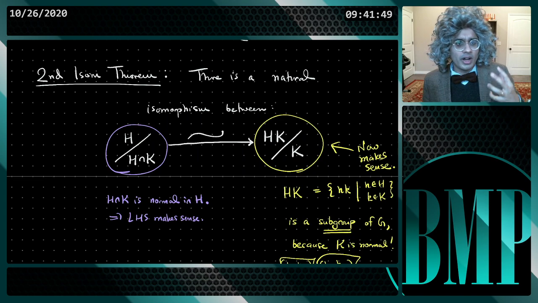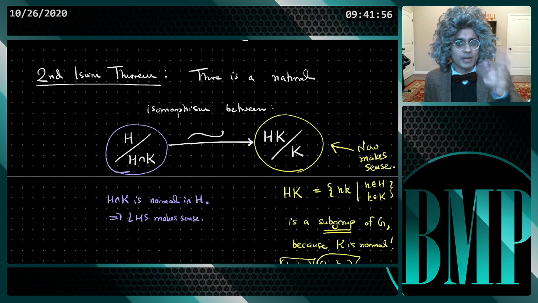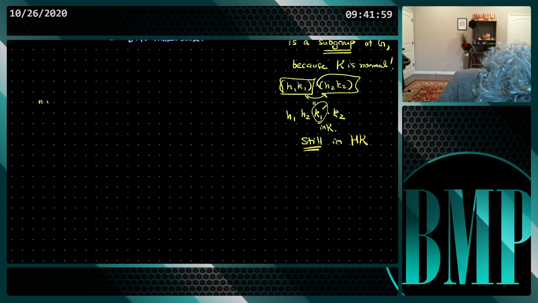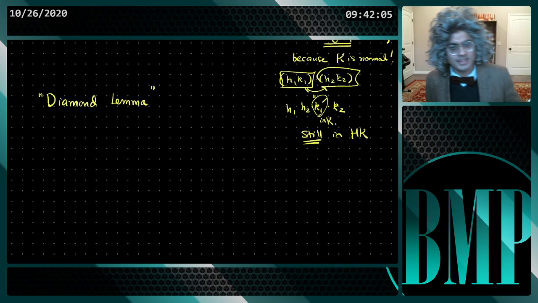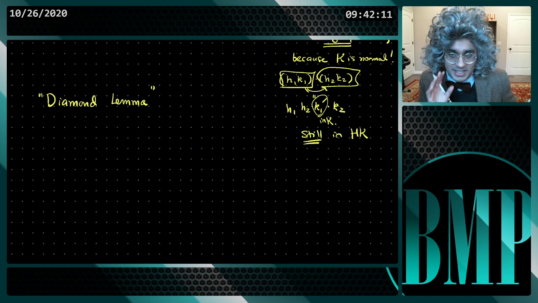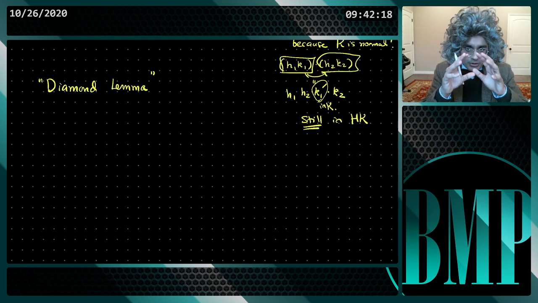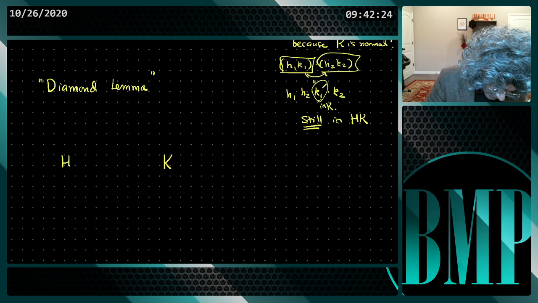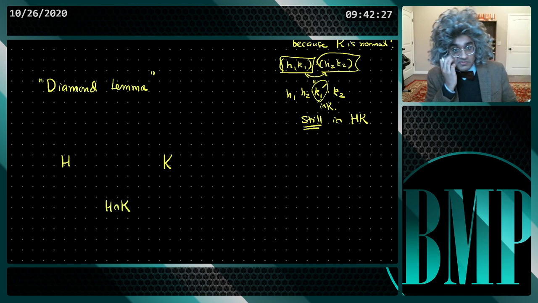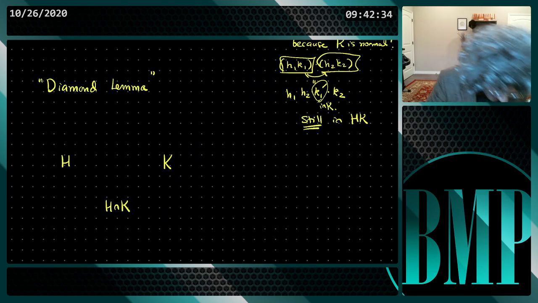Another way you'll see the second isomorphism theorem expressed is as the Diamond Lemma. The reason is this. You have H and you have this normal K. Out of those two things, you get four different subgroups of G. You've got H, you've got K, you've got their intersection, and you've got their product, meaning the set of products.